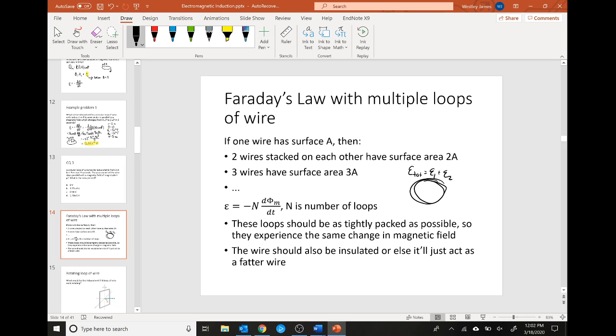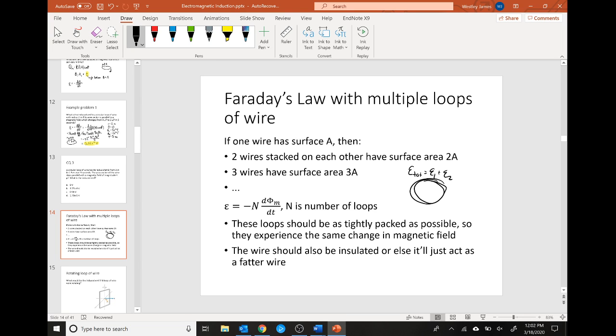Engineering-wise, you'd want to make these as tightly packed as possible, because if they were separated, then they'd experience different magnetic fields, and you wouldn't get as strong of an effect. And you need those wires to be insulated, because if you took a bunch of wires that weren't insulated and packed them very tightly, you'd effectively just make one big fat wire.